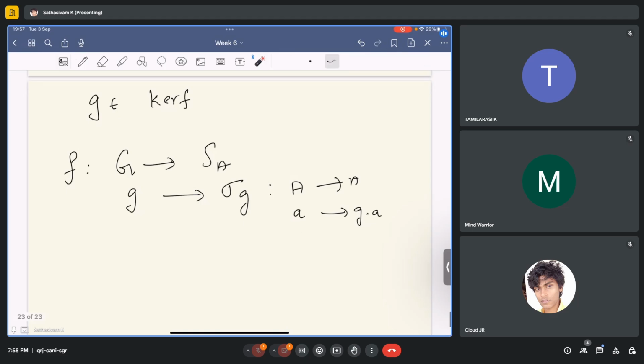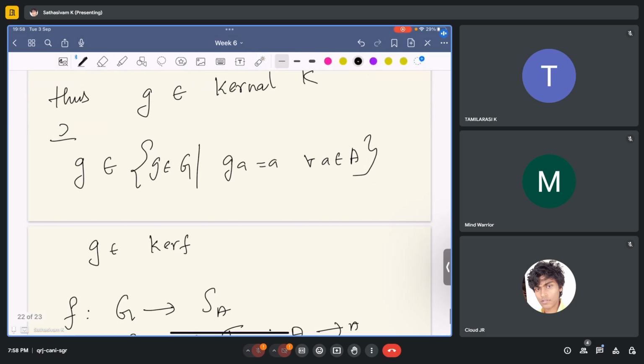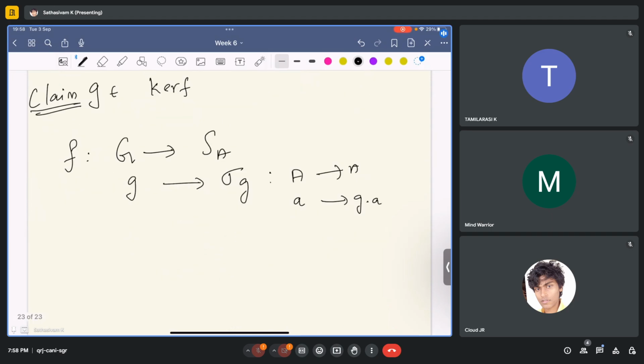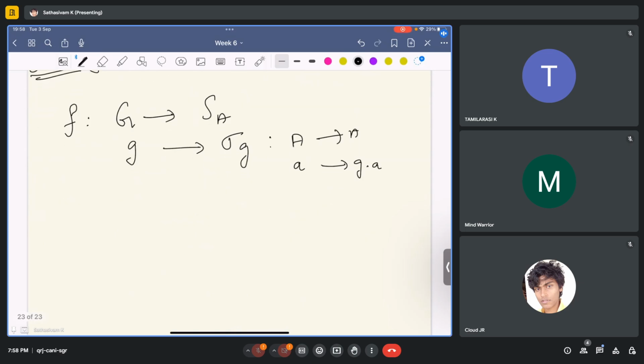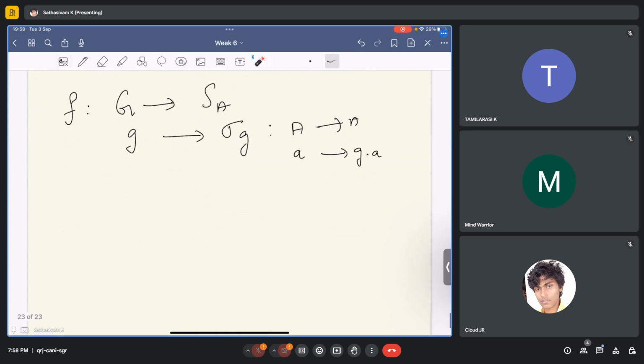Okay, so this is the claim. I want to say that sigma of g belongs to the kernel of F. That means I want to say that sigma of g is the identity.